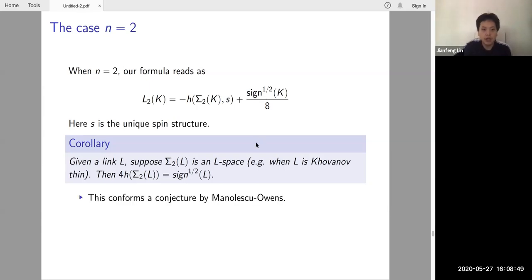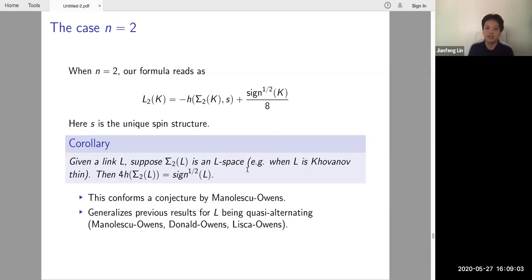This confirms the conjecture made by Manolescu-Owens, who proved this conjecture in the case of alternating knots, and conjectured it for all Khovanov thin knots.